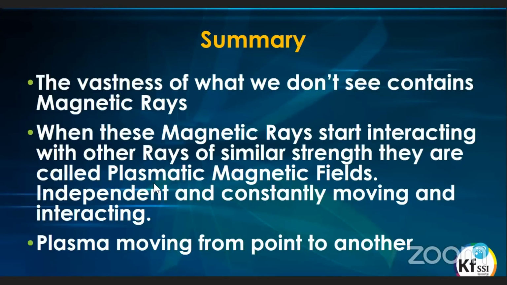So the vastness of what we don't see contains these magnetic rays. And when these magnetic rays start interacting with other rays of similar strength, they're called plasmatic magnetic fields, independent and constantly moving and interacting. So essentially plasma moving from one point to another.